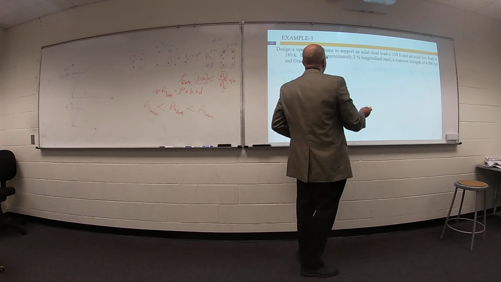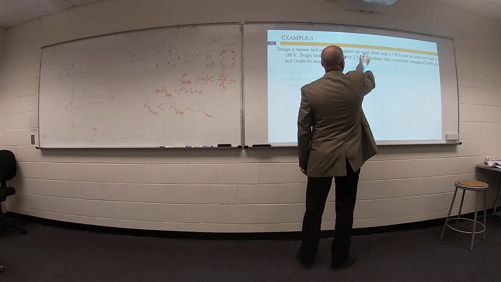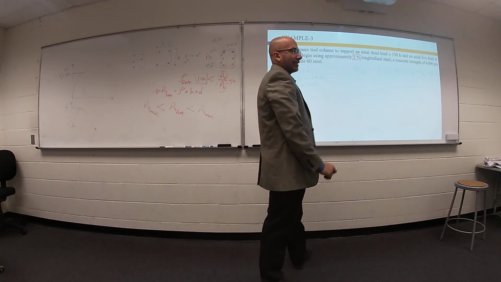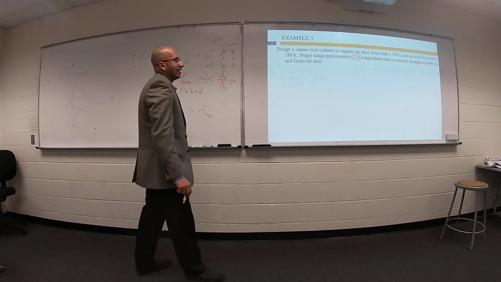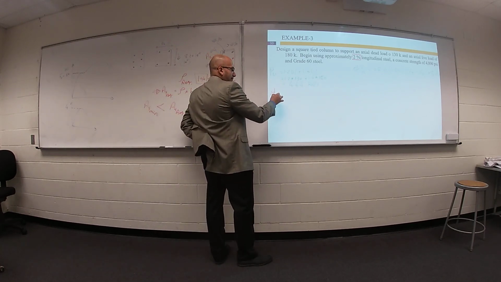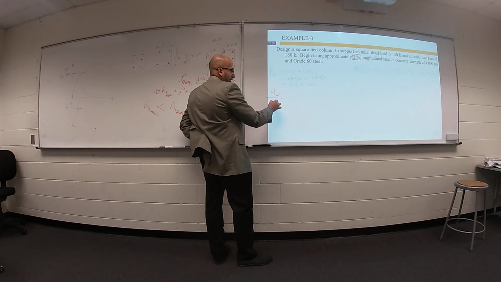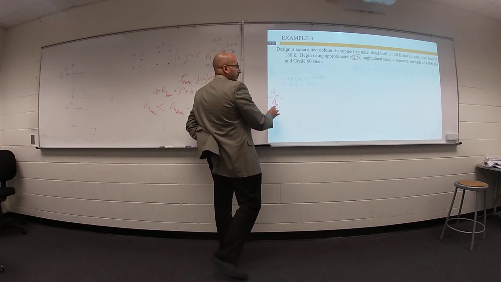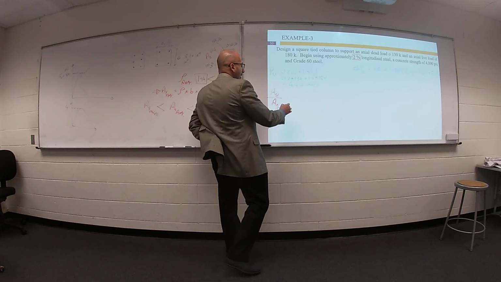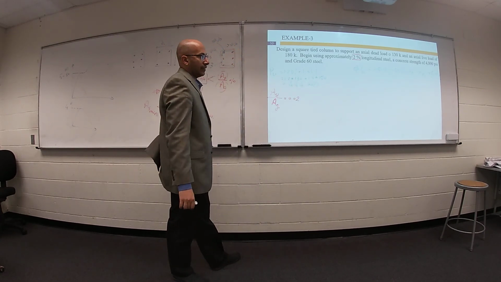The problem said you can assume your steel reinforcement ratio equals 2%. Later, you can choose this percent. So area steel divided by area gross equals 0.02, 2%.